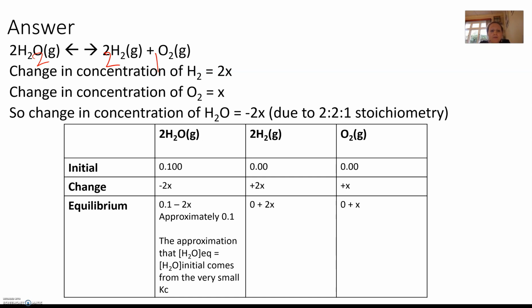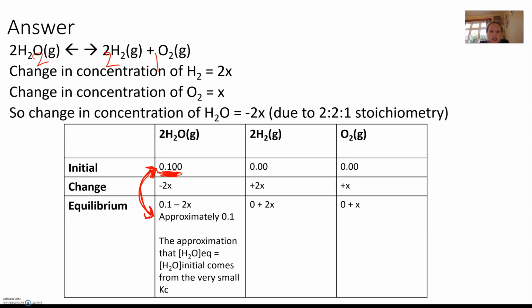Now, they gave us the initial concentration of water, and we know because so little of this is going to dissociate that this is going to be the same value. That's what we can tell from the teeny tiny Kc value.